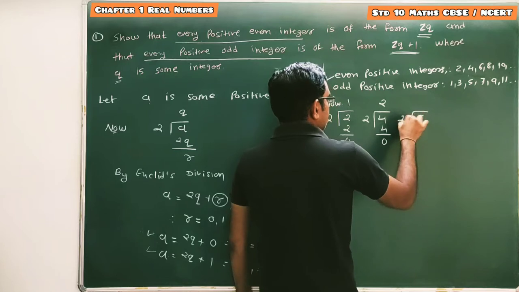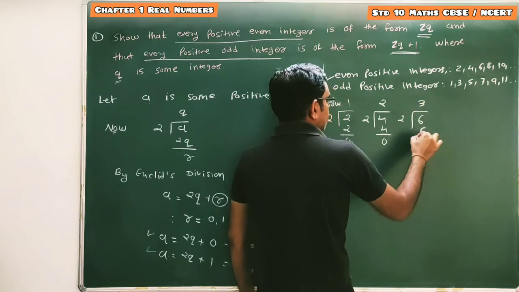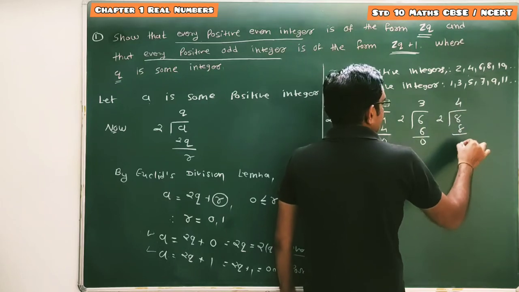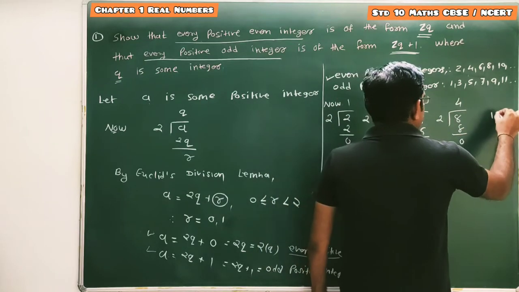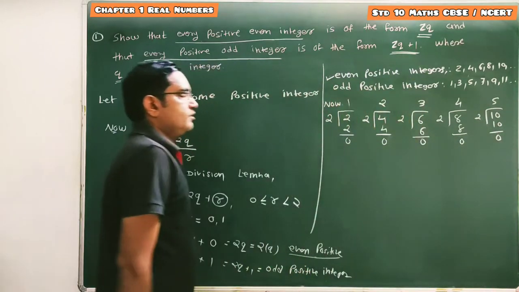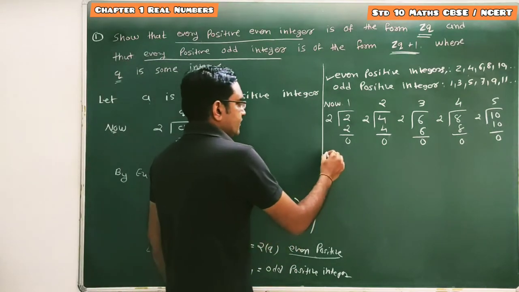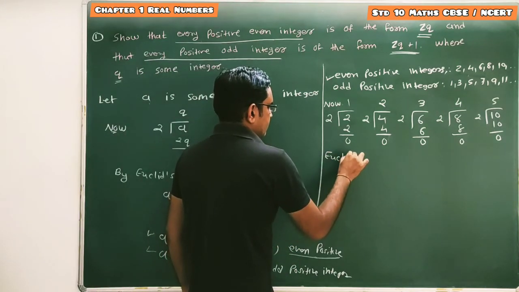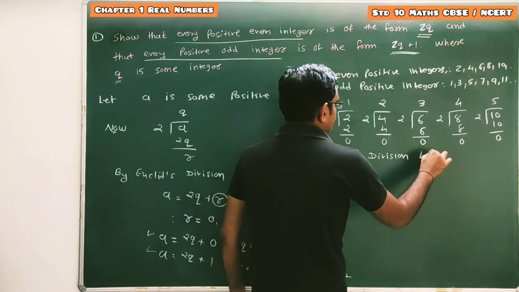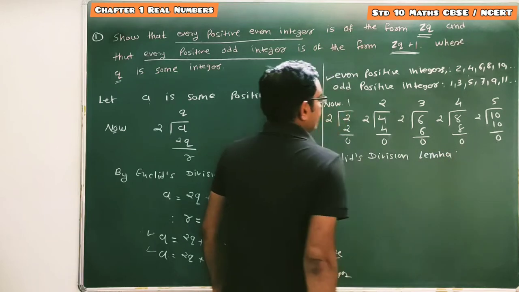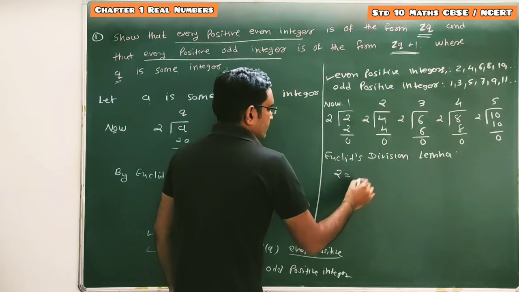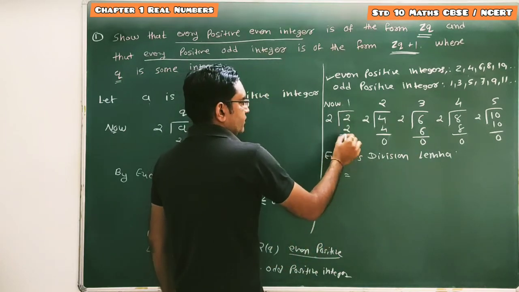Dividing 6 by 2: 2 threes are 6, remainder is 0. Dividing 8 by 2: 2 fours are 8, remainder is 0. Then dividing 10 by 2: 2 fives are 10, remainder 0. So here, by using Euclid's division lemma, we can represent each and every even positive integer as the product of the divisor and quotient plus remainder.